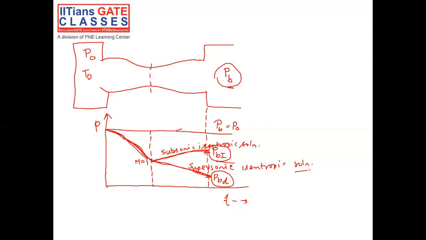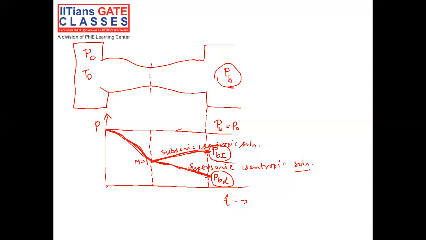It will follow this path only, but in the divergent part there will be some physics going on. Now, two conditions we have seen. One is when the flow is completely subsonic and the solution is isentropic, that is this condition. The other is when the flow is completely supersonic and continuously expands inside the nozzle, which is the supersonic isentropic solution.